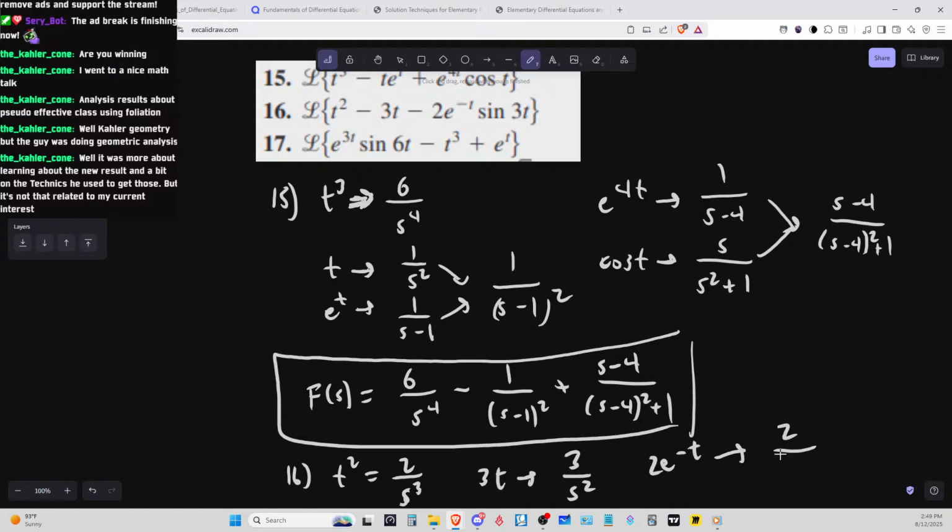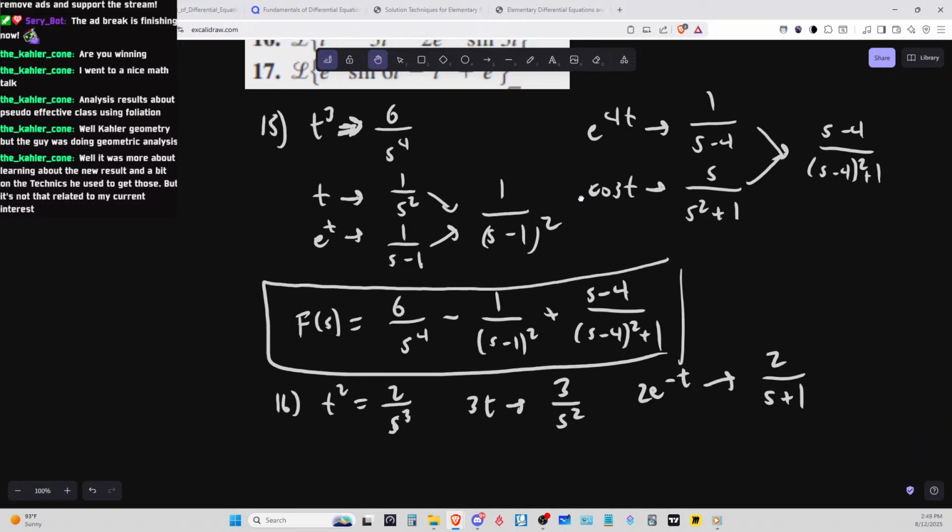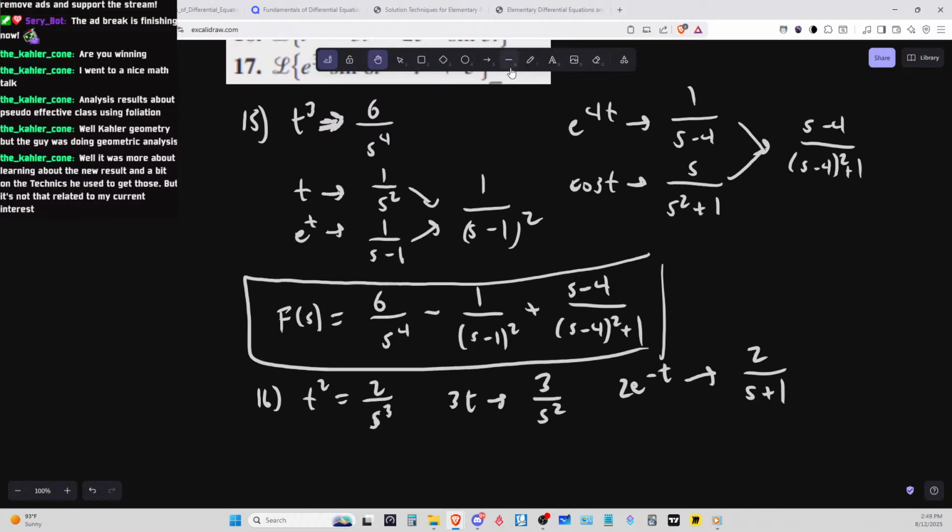So the 2 is s plus 1. Actually the 2 will make it more difficult, so we'll multiply the 2 afterwards. So we'll just leave it at 1.